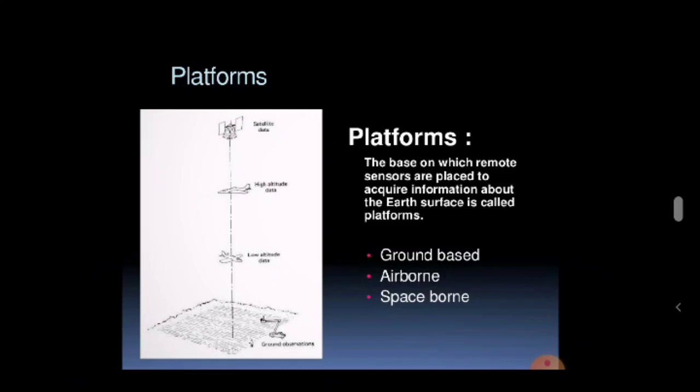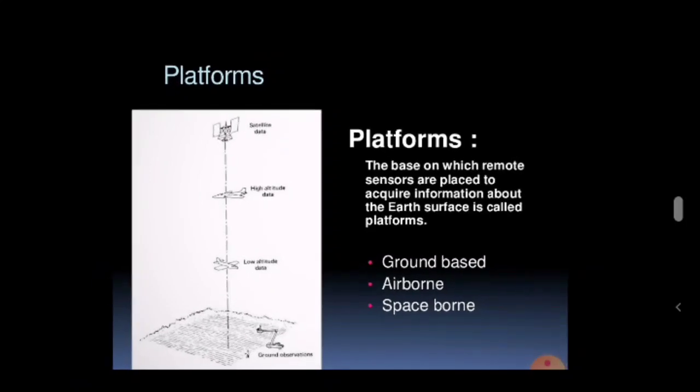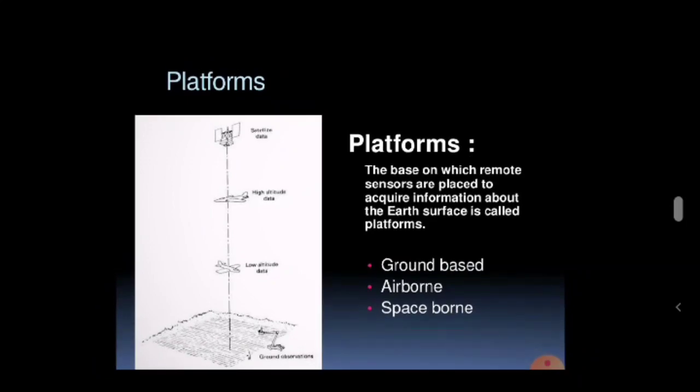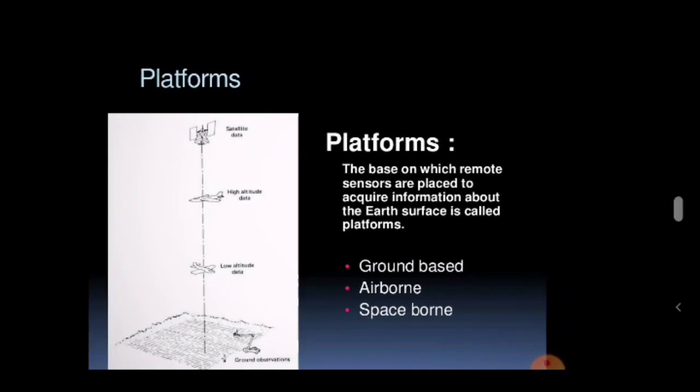So I will repeat: the third element of remote sensing is the form of information obtained from the remote sensing and the method of storage. So there are three elements I've discussed now within 2 minutes, I guess. There's nothing to discuss further.